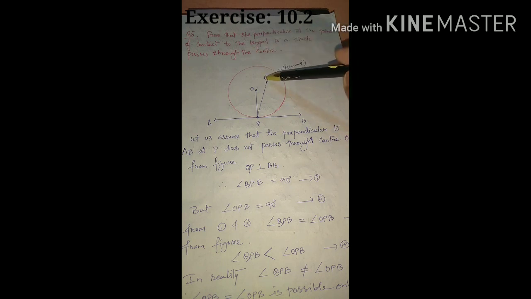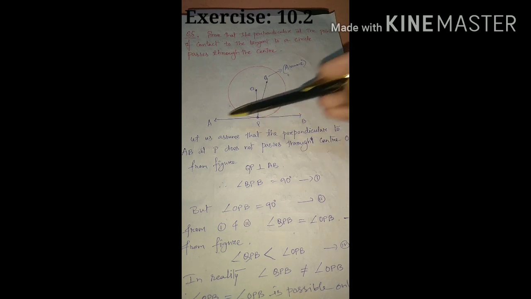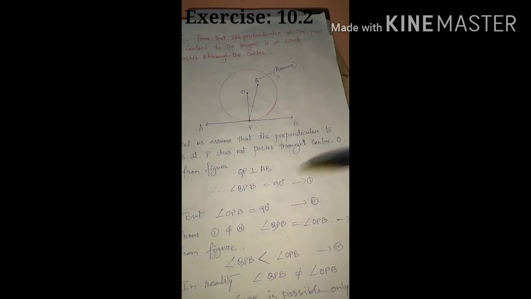If we assume Q as a center, then QP is perpendicular to AB and QPB equals 90 degrees. But in reality, O is the center. If O is the center, then OP is always perpendicular to AB and OPB equals how much?